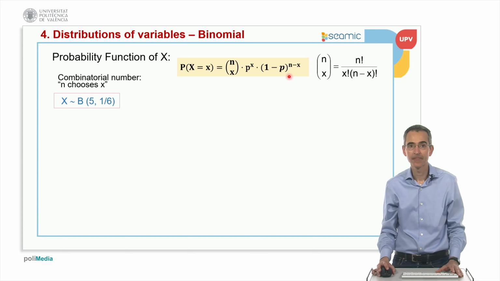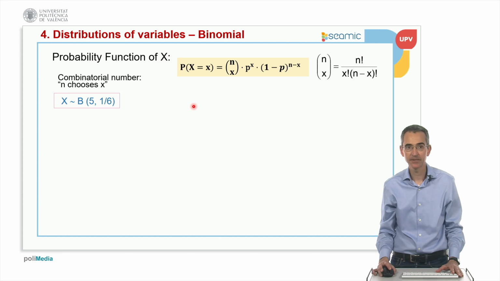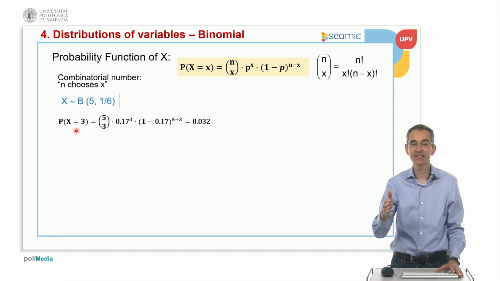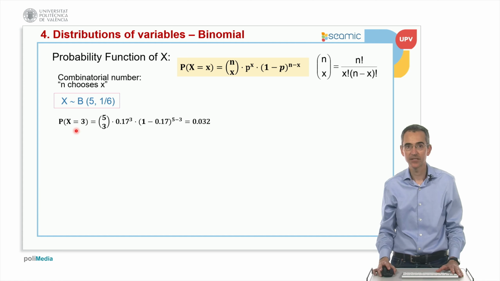For example, imagine that we want to calculate the probability that this binomial distribution takes exactly the value 3. That would be the combinatorial number 5 choose 3 multiplied by p, 1/6, to the power 3, multiplied by 1 minus p to the power 5 minus 3.